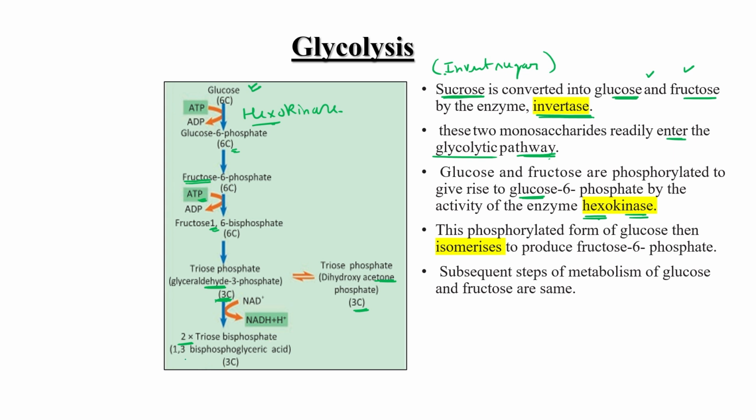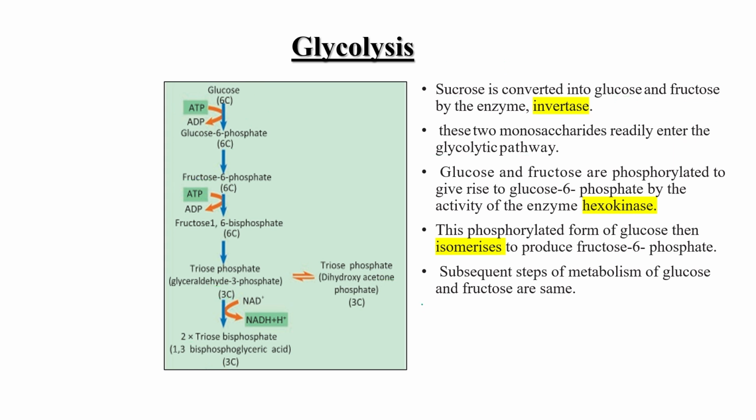Okay, so 1,3-bisphosphoglyceric acid. So there are so many steps of this glycolysis. Once again, I'll repeat all the steps. In the first step, glucose is converted into glucose 6-phosphate. And this phosphate is utilized by the glucose from where?